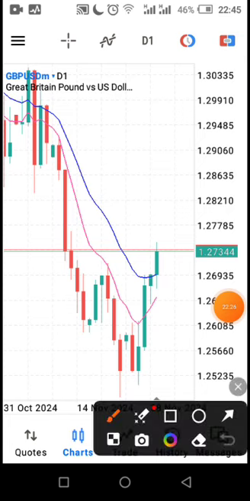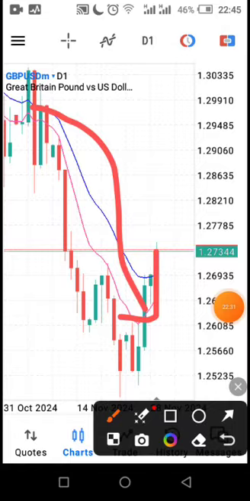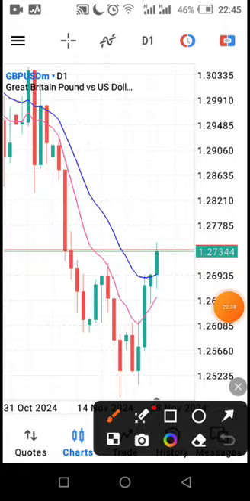So when, for example, you want to sell the Great British Pound versus US dollar, when the daily time frame is in a downtrend and the US dollar is in an uptrend, you also only take the sell trades if the Great British Pound has a smaller inflation rate than the US dollar.